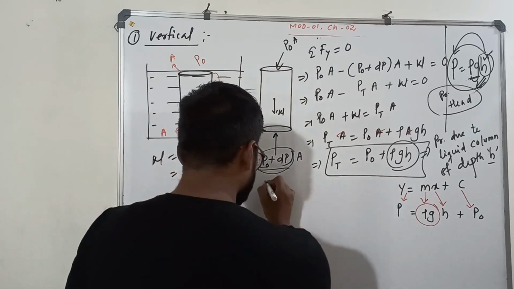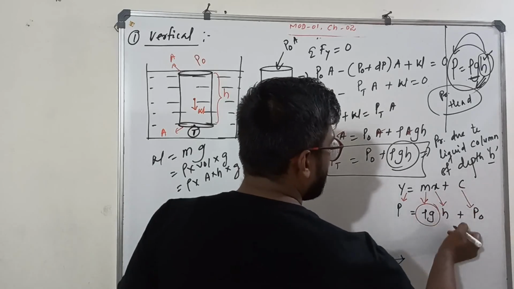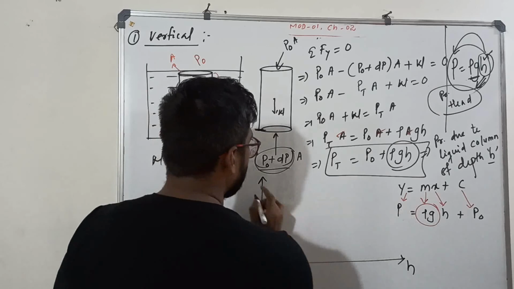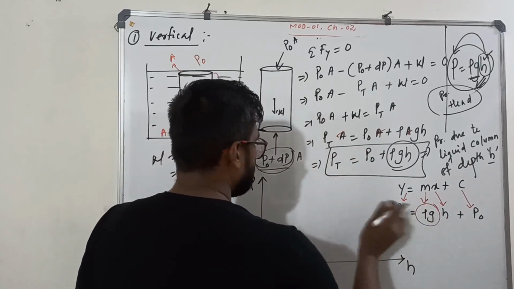Now plot it. What is your X? H. What is your Y? P. So if I draw the graph between P and H, what are we getting?